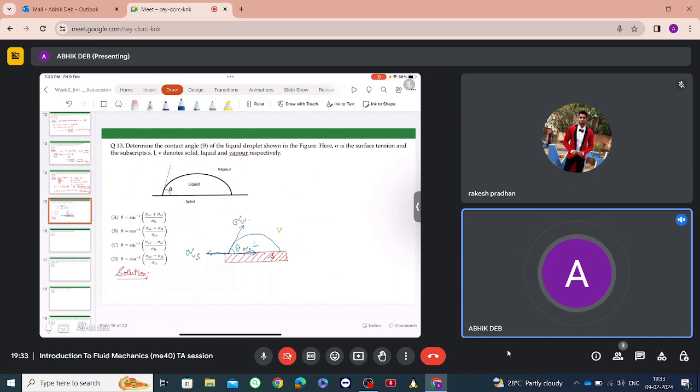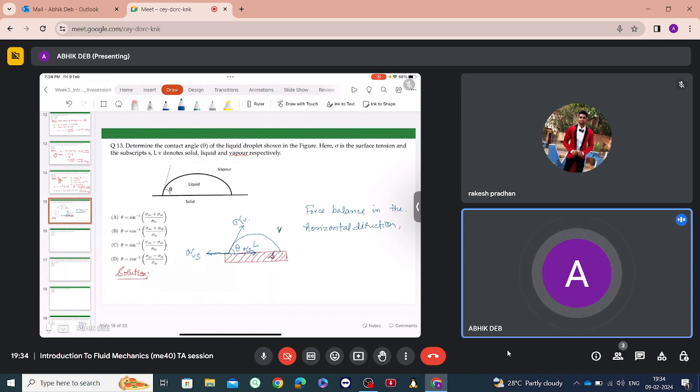So force balance in the horizontal direction.